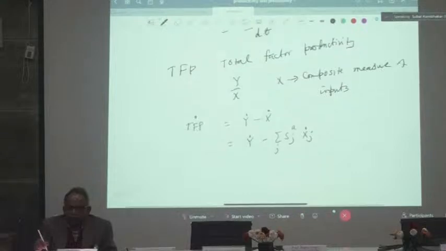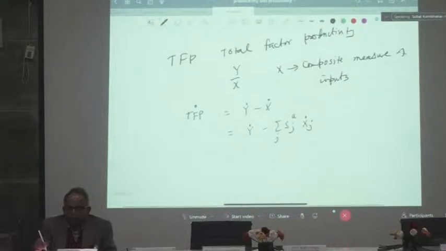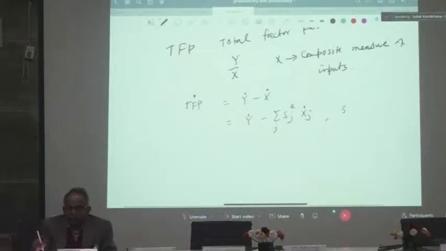So what is Sj? It is WjXj divided by C, where Wj is the price of Xj and C is the total cost. The sum of the shares is equal to 1. So this is a weighted average of the rate of change of all the inputs.